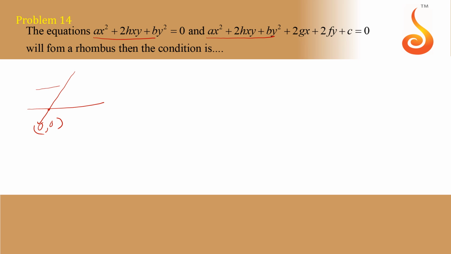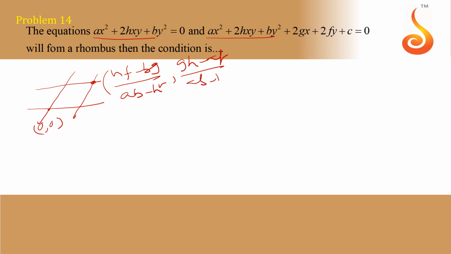That's why it will be a parallel pair for the given pair. Now observe carefully. You know that this point will be (hf minus bg) by (ab minus h square), (gh minus af) by (ab minus h square).